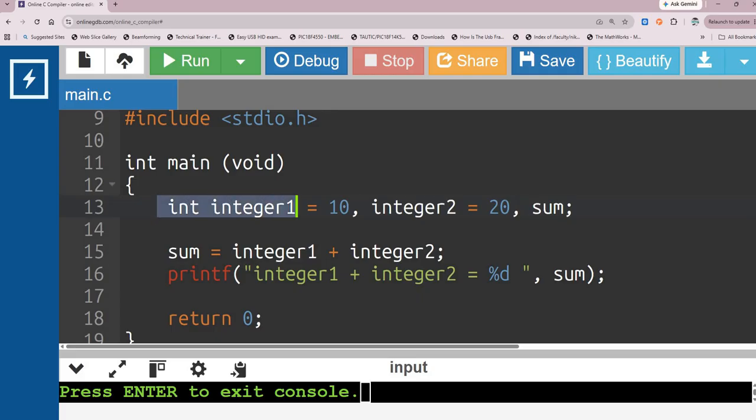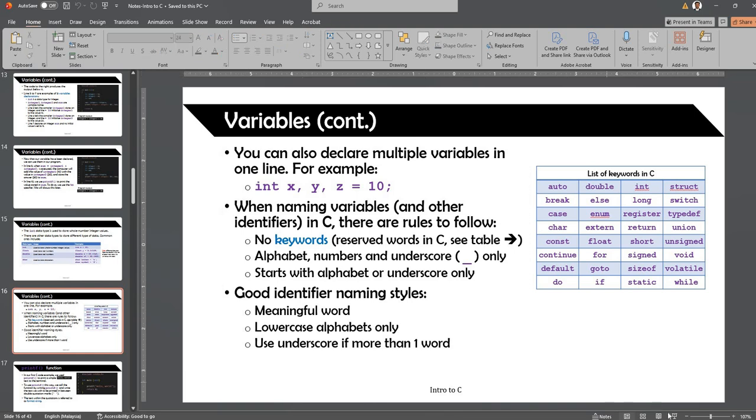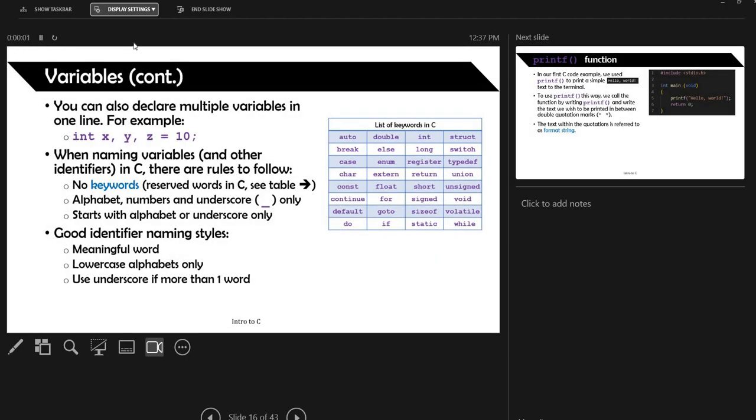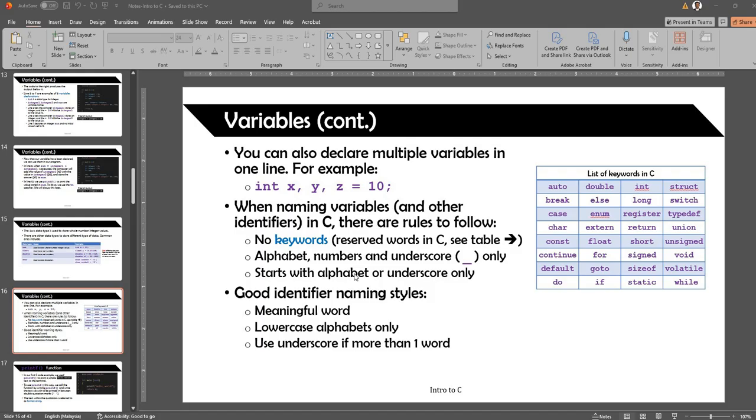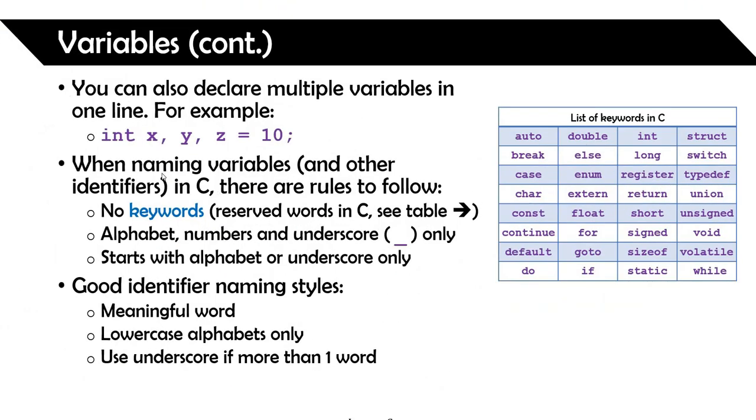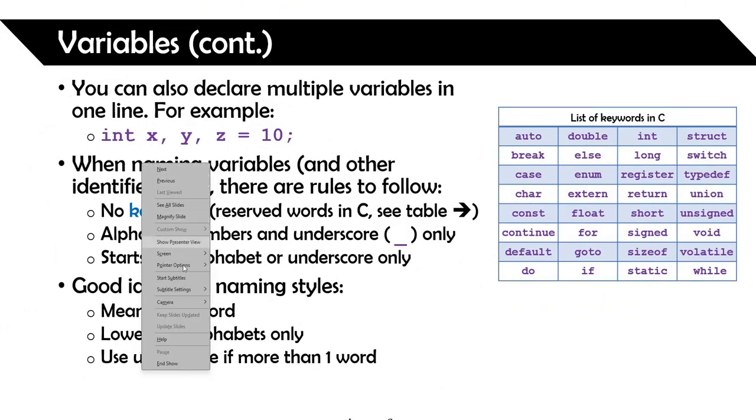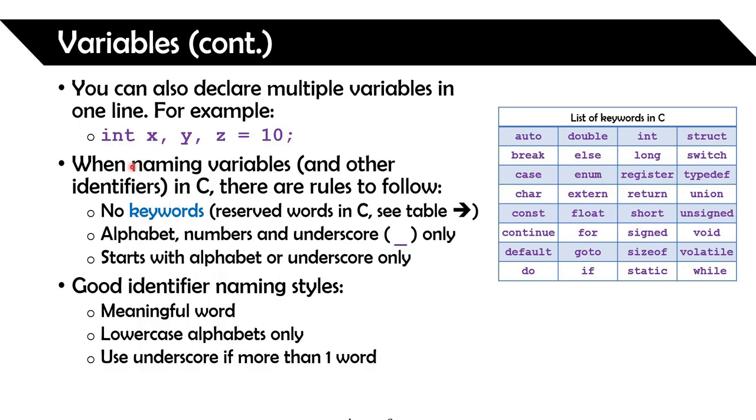Okay, so this is the same thing. You can actually define it in a single line. Now, when it comes to variable declaration and naming the variables and other identifiers in C, there are certain rules that you need to follow.